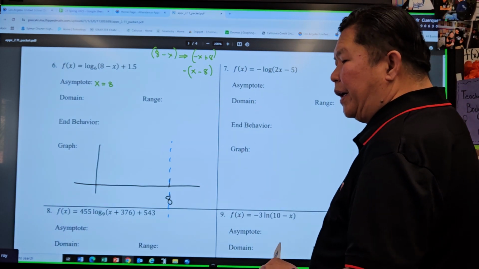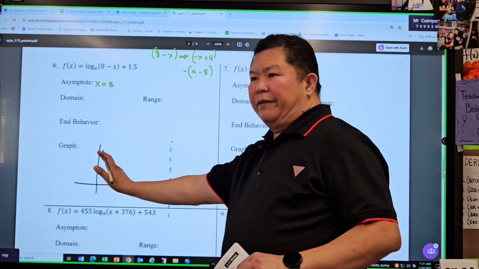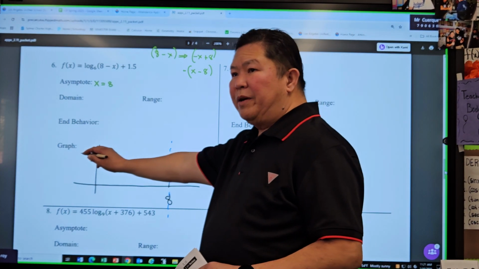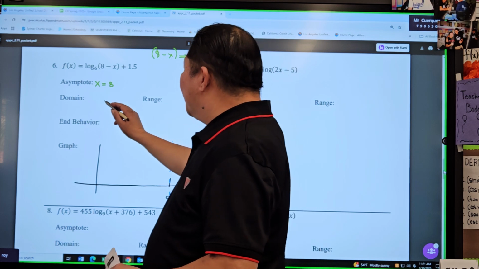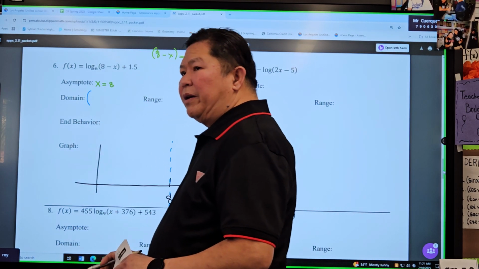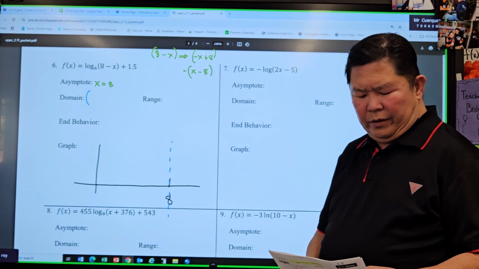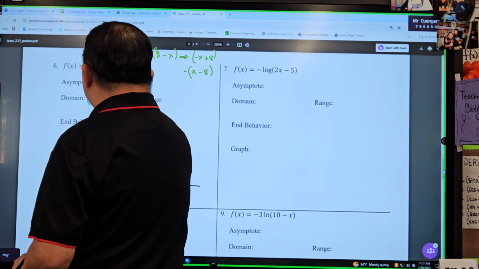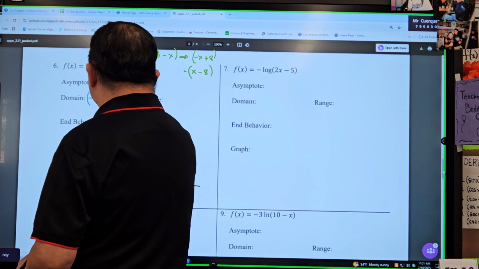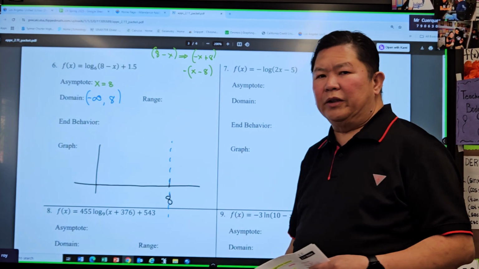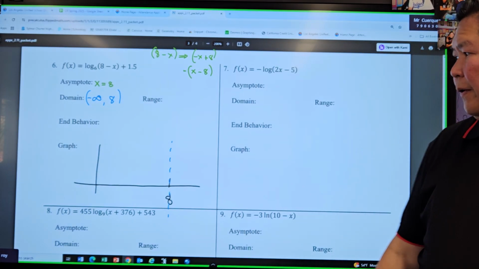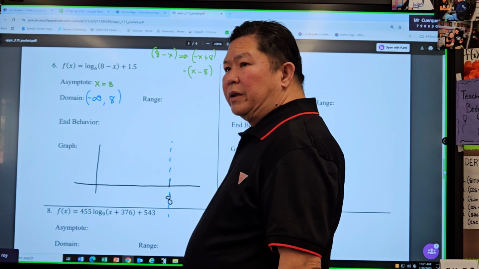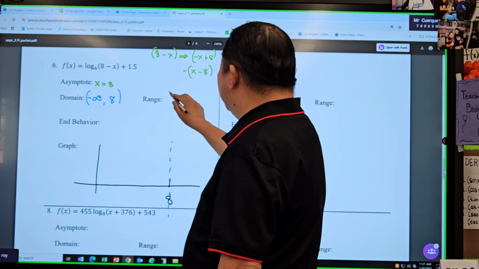And where do you think the values of x are coming from? The graph is coming from here. So the domain is from negative infinity all the way to 8. And how about the range? From negative infinity to positive infinity.